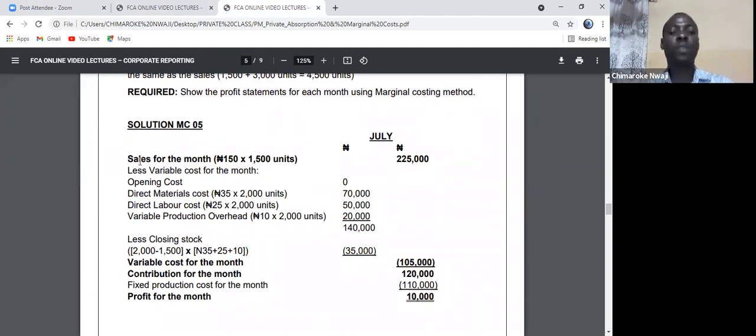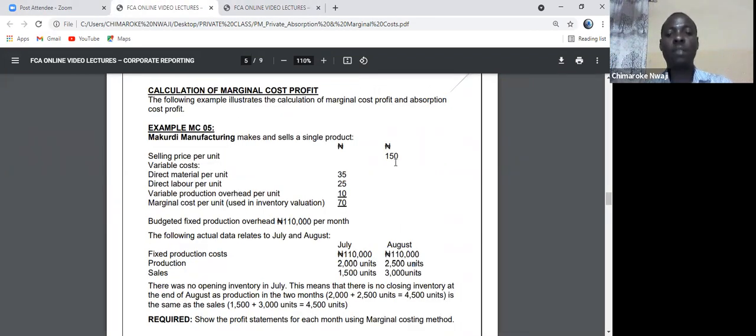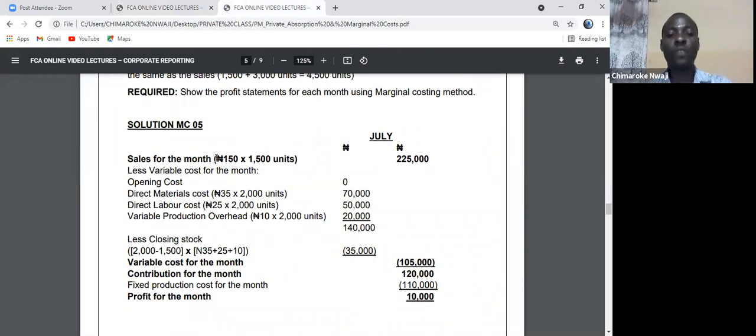The sales for the month of July: we were told that the selling price is 150 naira, and we sold 1,500 units. So 150 times 1,500 units gives us 225,000. Now let's deduct the variable cost for the month. Opening stock: there was no opening stock, so you see it here as 0.